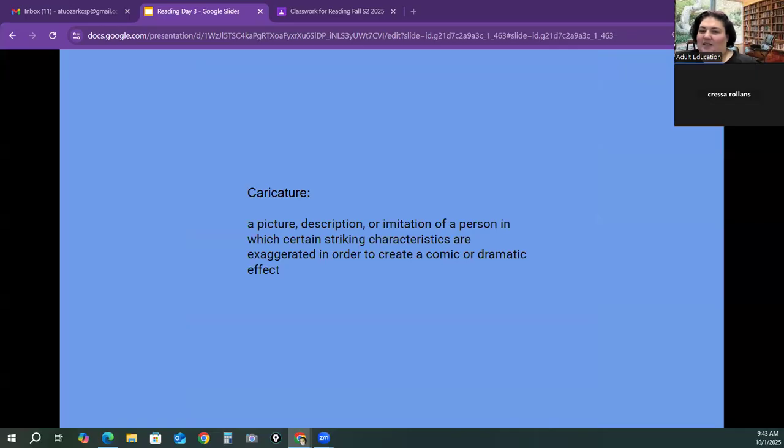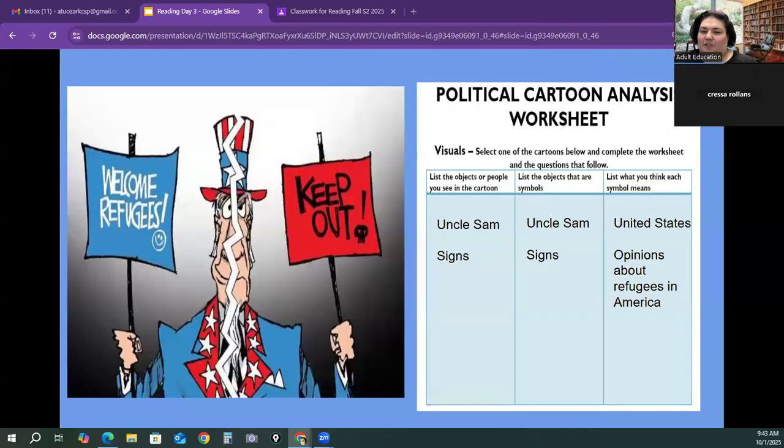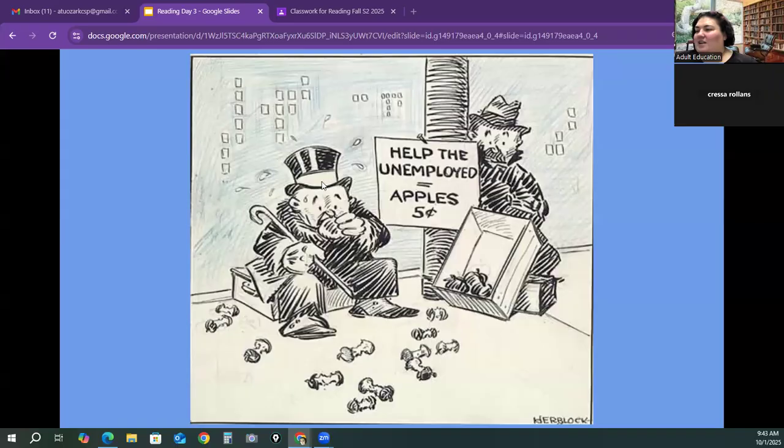In this case, they exaggerated the rich man where he's eating all these apples. He's the one that's more exaggerated, so he is the caricature in this political cartoon. And you'll see that in your homework, and everybody kind of didn't know what that was, so I want to explain that to you before you even did your homework.